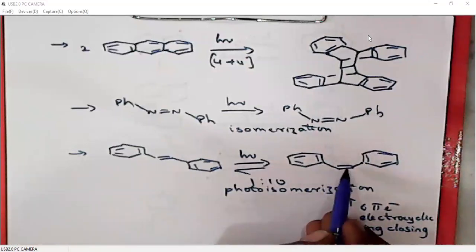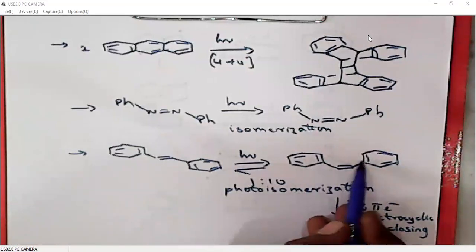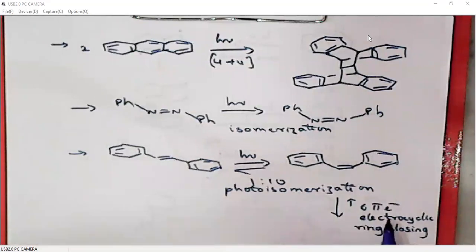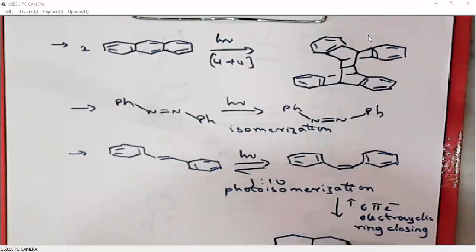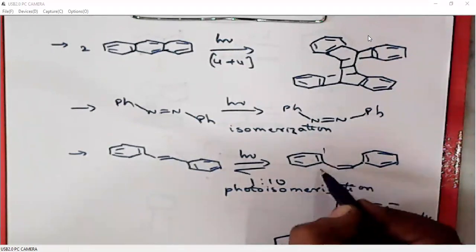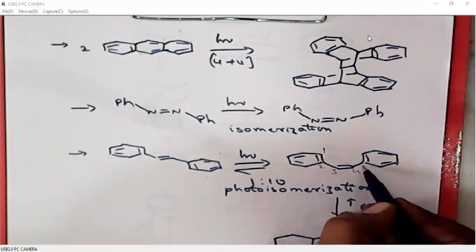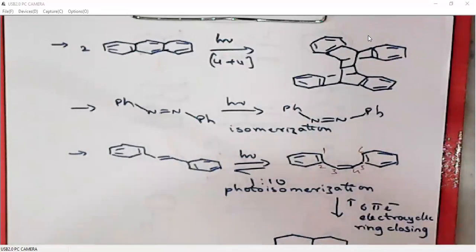This double bond, this double bond and this double bond. These three double bonds will be involved in the electrocyclic ring closing reaction. So it generates another 6-membered ring. Now where is the ring? You better go for numbering 1, 2, 3, 4, 5, 6.